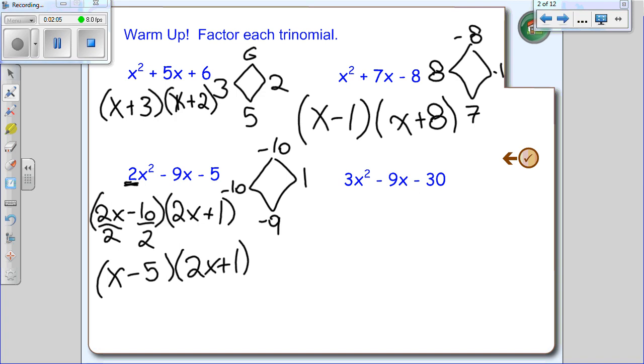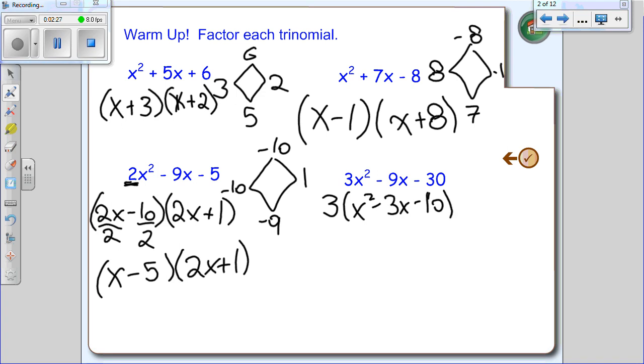Okay, this one. What's the very first thing you always look at if you're factoring? Greatest common factor. Is there a greatest common factor? Of course. So we take the 3 out. We have x squared minus 3x minus 10.